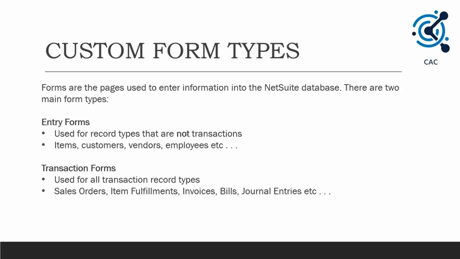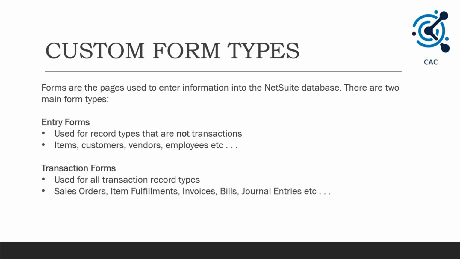So these are entry forms used for record types that are not transactions. So example of that would be items, customers, vendors, employees, and many more. So those are forms that are used to put information into the system that's not transaction based.